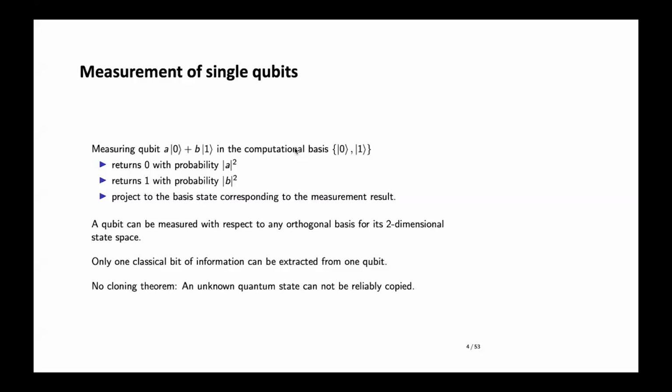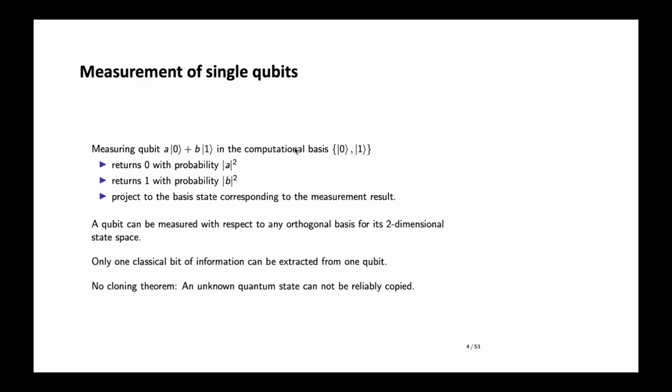It is that as soon as a qubit measurement takes place, the particle is no longer in superposition. So at that point, and for that reason, only one classical bit of information can be extracted from one qubit. As soon as you do the measurement, things change, and you can only get one classical bit of information because the state is no longer in superposition.